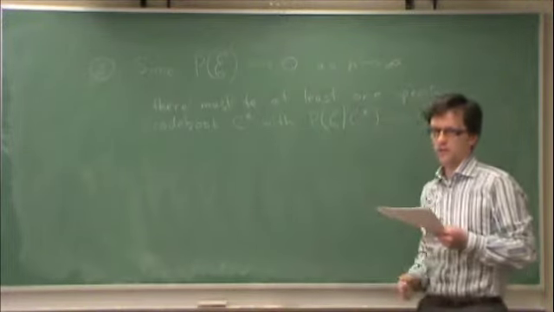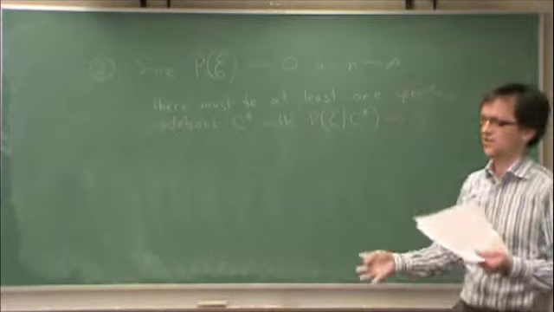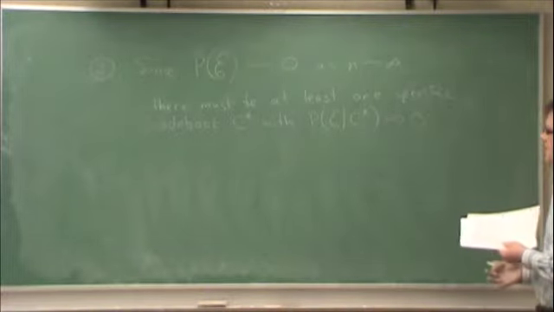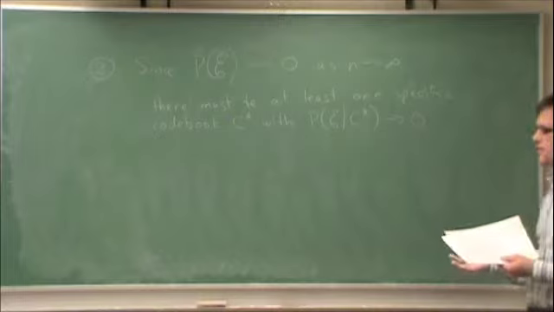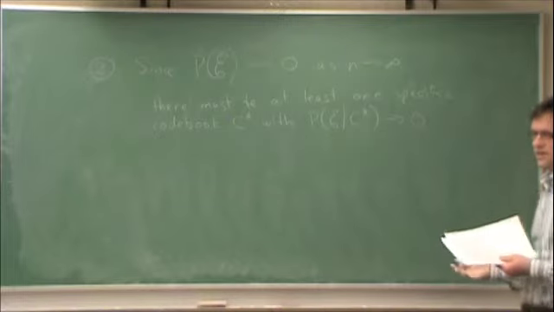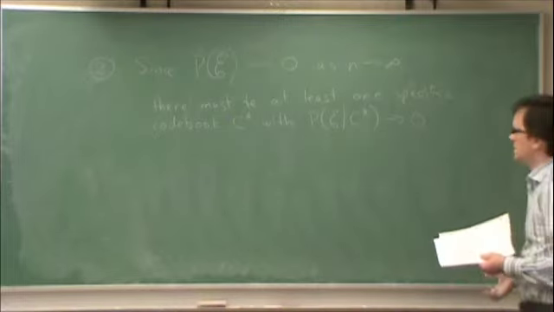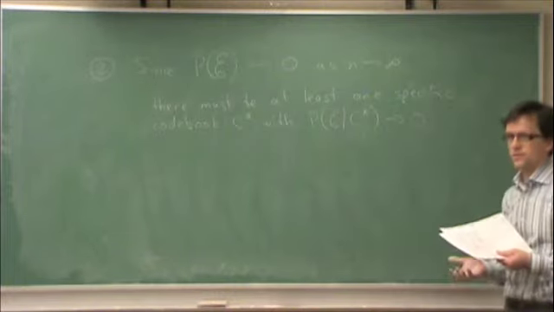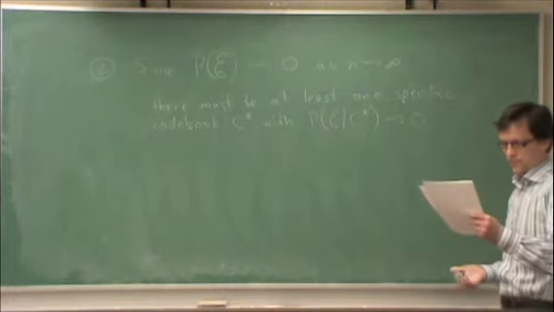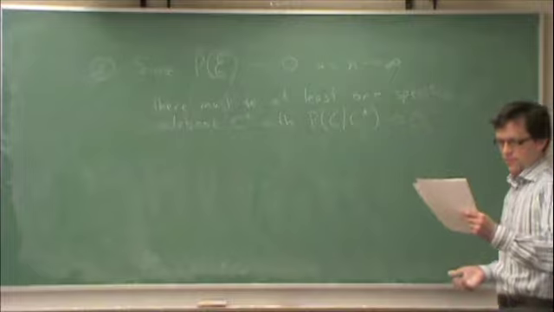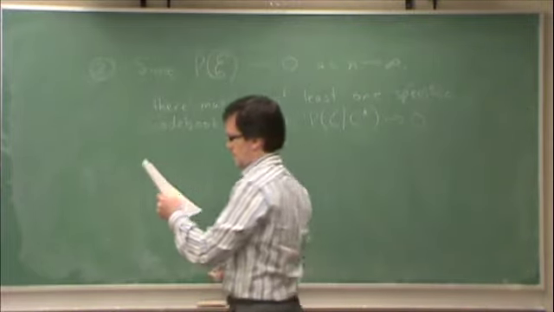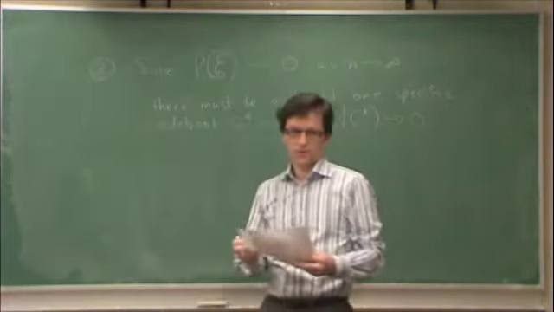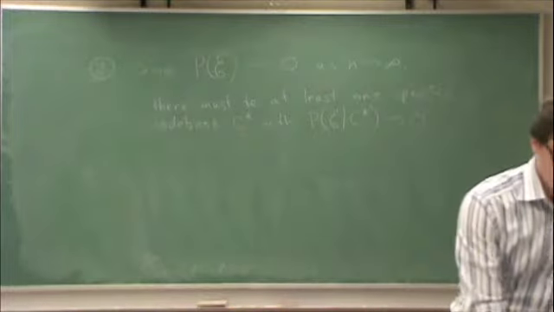So that's just the mean value theorem. If something is the average, then there must be at least one element that's less than or equal to the average. Okay, so now the idea is we have to get rid of all the bad code words.